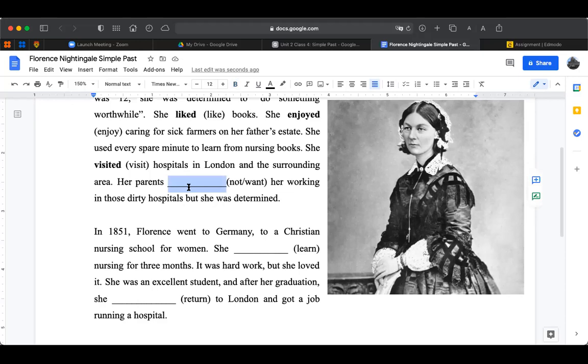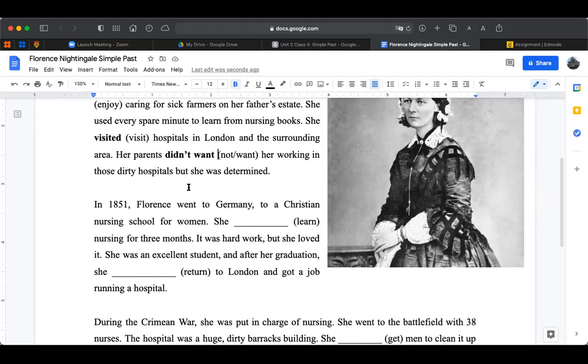Her parents didn't want her working in those dirty hospitals, but she was determined. Very good. Now pick someone else to continue.